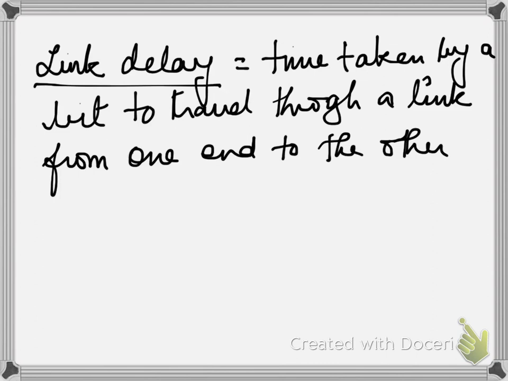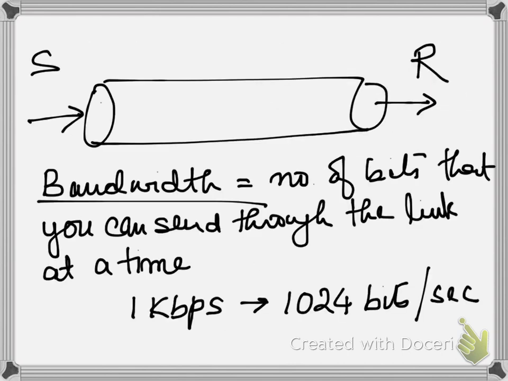Since this is time, it is measured in seconds, or milliseconds, or any time measurement. So if I say the link delay is, say, 100 milliseconds, then it means that for one single bit to reach from here to the other end, it takes 100 milliseconds.